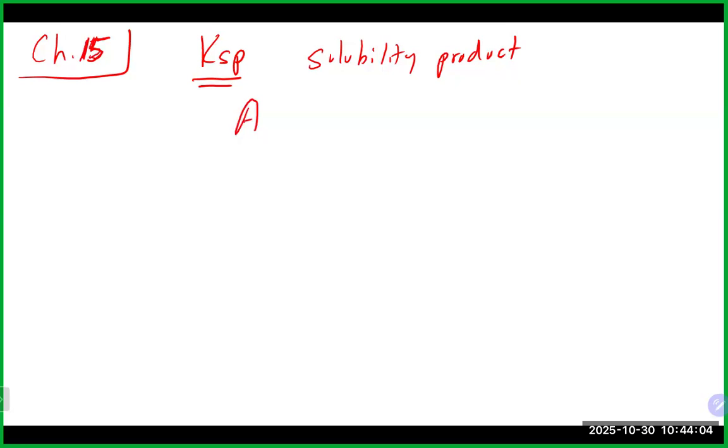So, a popular solid we've all seen over the years, silver chloride, a white solid. Even though based on solubility rules we would expect a precipitate to form when silver and chloride come together, it will still set up an equilibrium in solution and break apart a little bit into its ions of silver and chloride.